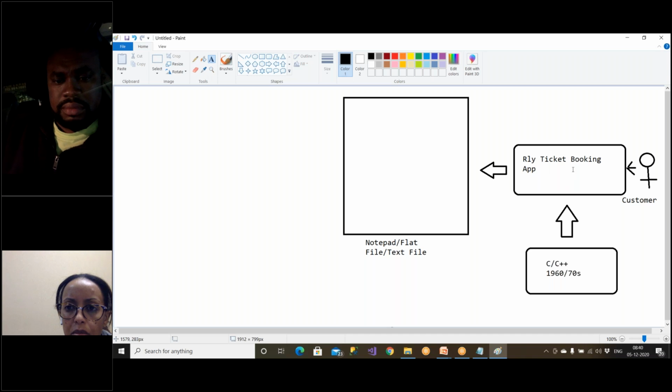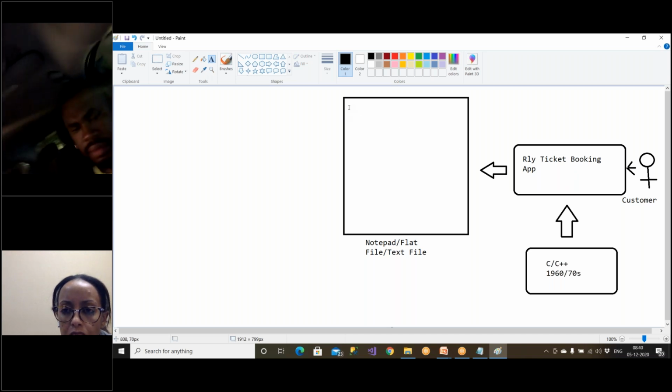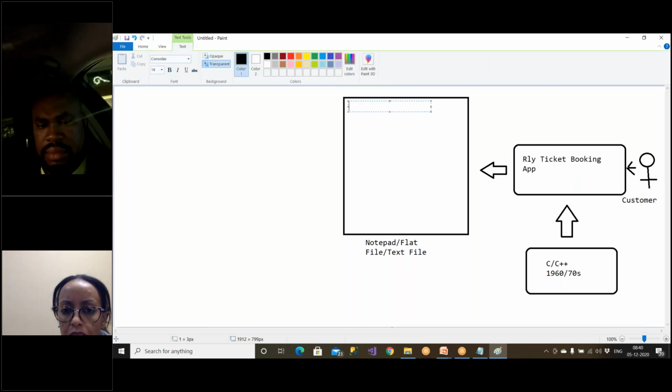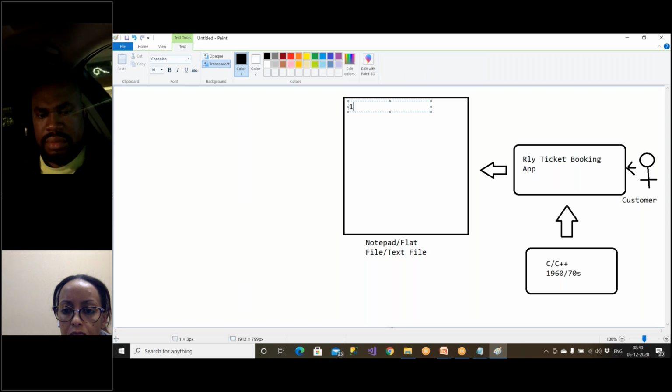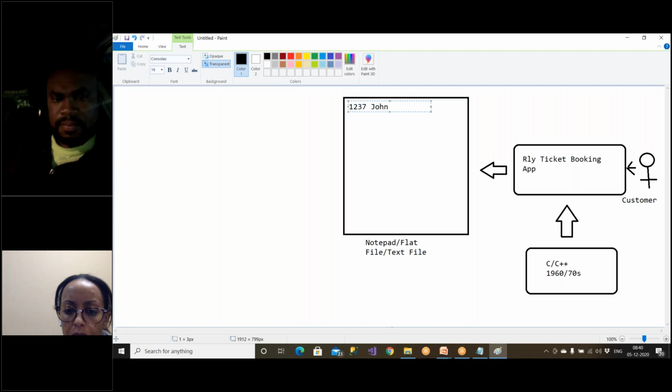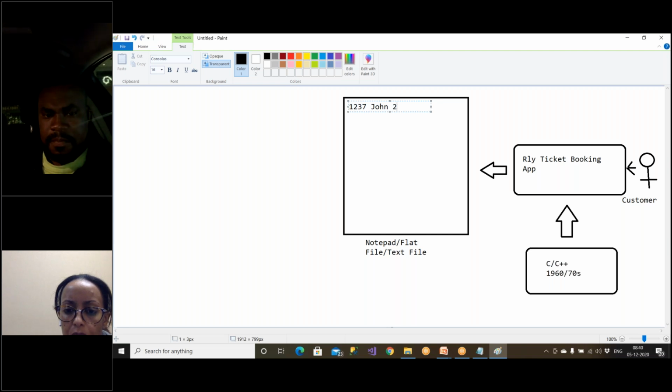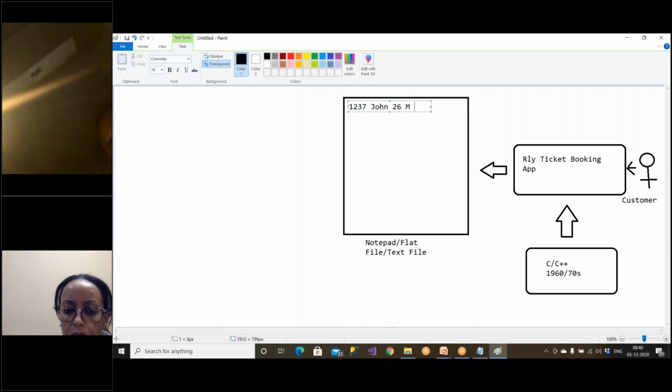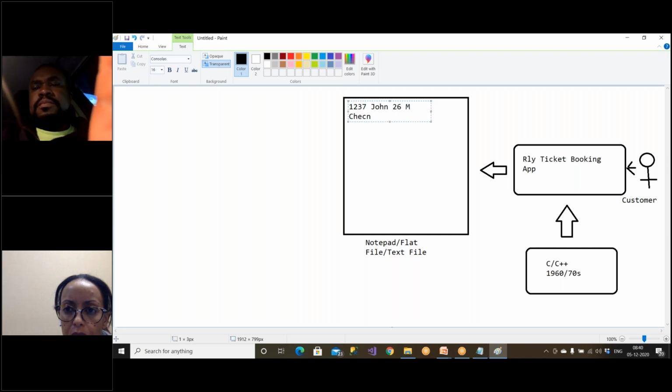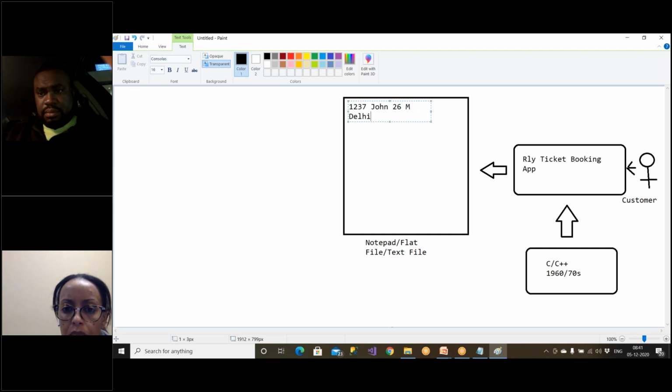So get the data from the application. That application is going to be storing the data here. For example, your ticket number is this one. Your name is Mr. John, and you are a 26 years old male. You wanted to book a ticket from, let us say, Delhi to my hometown, Hyderabad.